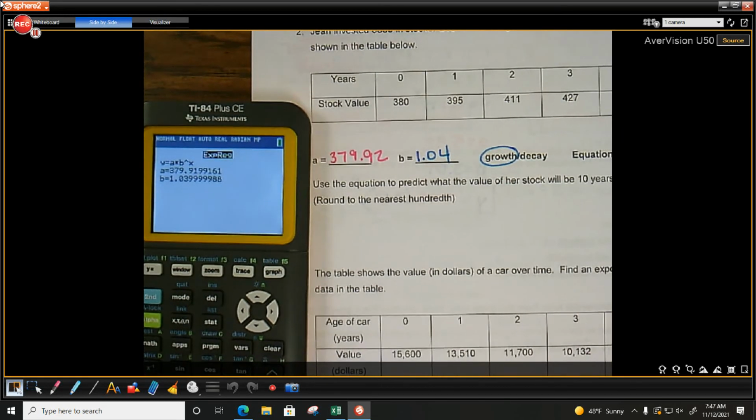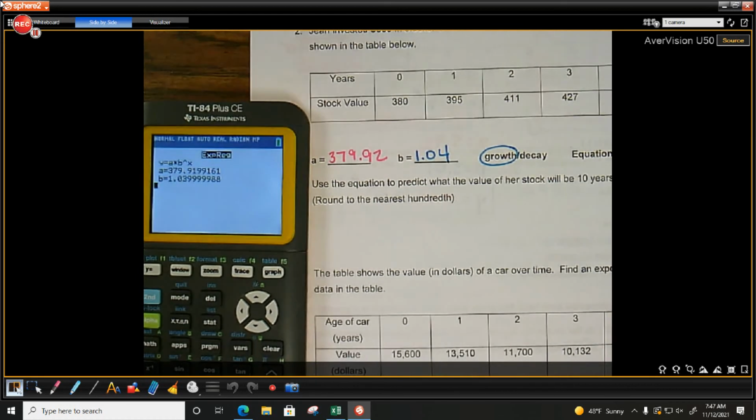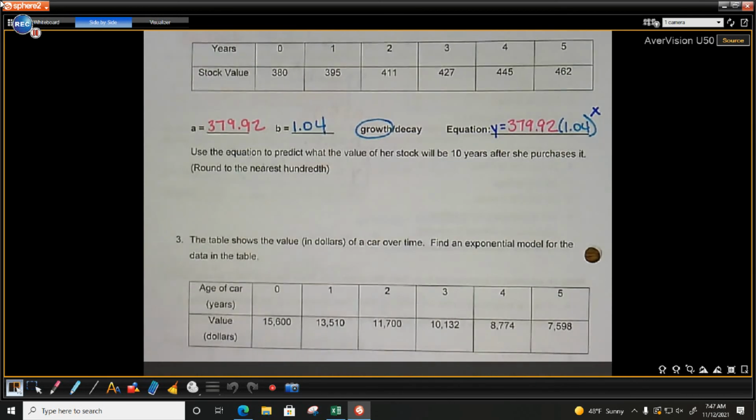So let's write our equation. Y equals 379.92 times 1.04 raised to the x power. Then it says, use the equation to predict what the value of her stock will be in 10 years after she purchases it.